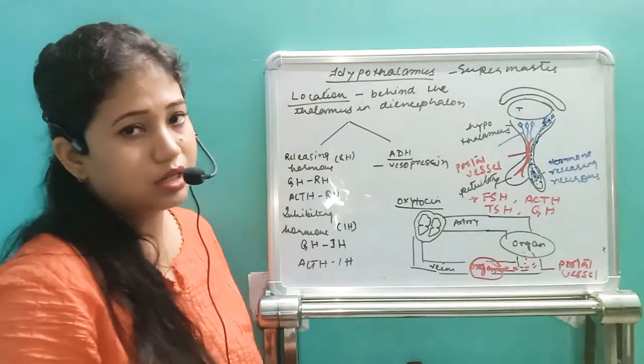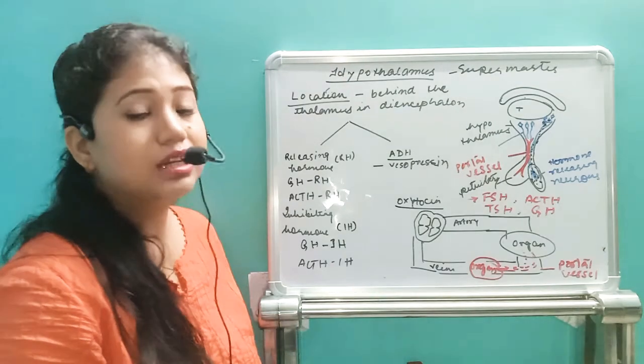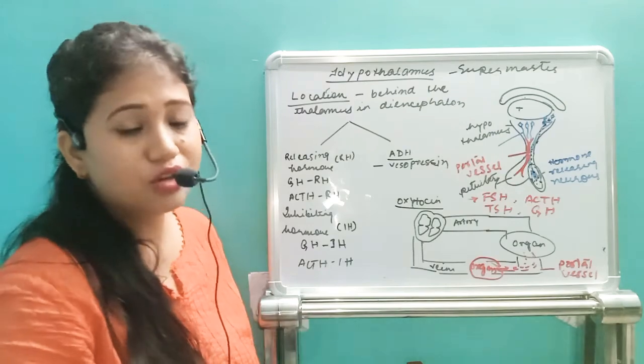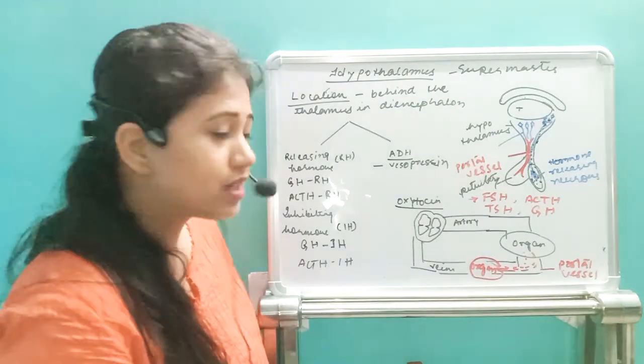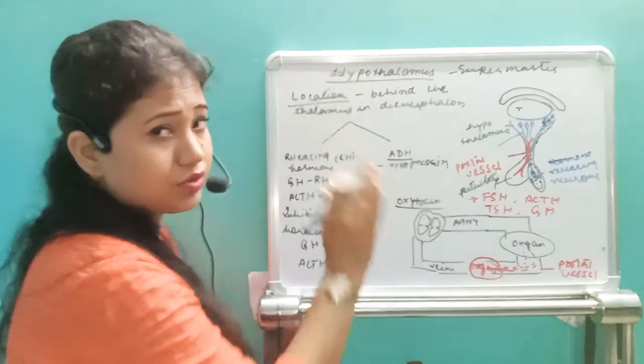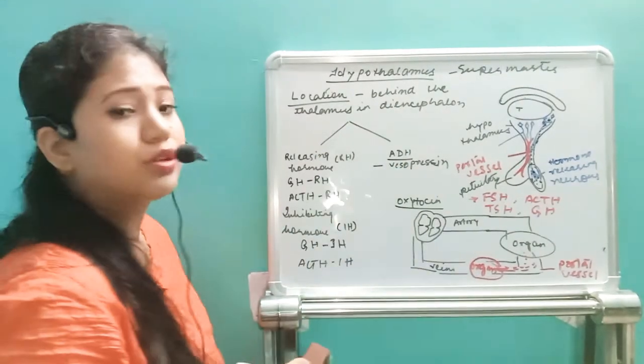The posterior pituitary only releases ADH and oxytocin, not secretes them. The hypothalamus secretes them. Just remember this. So this is about the hypothalamus.